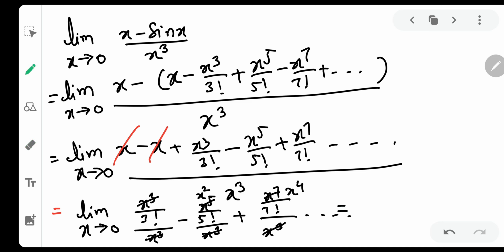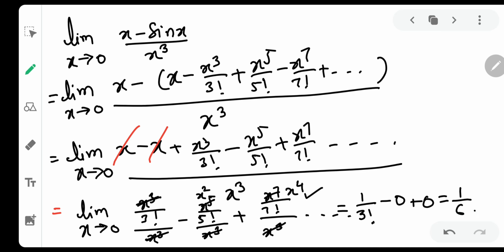The first term, x³ and x³ got cancelled, so there is no 0 in the denominator now: 1/3!. The next is x²/5!, but x² is 0, so that is 0. Then x⁴/7! is again 0⁴. So the answer is 1/3!, which is 1/6.